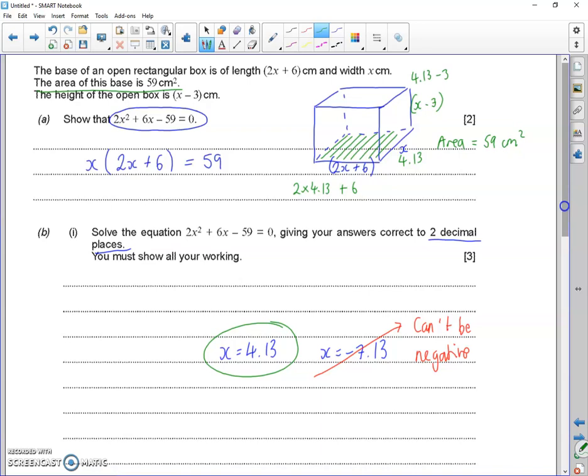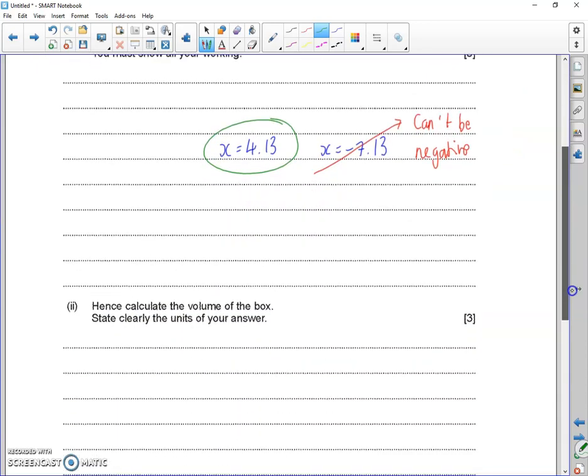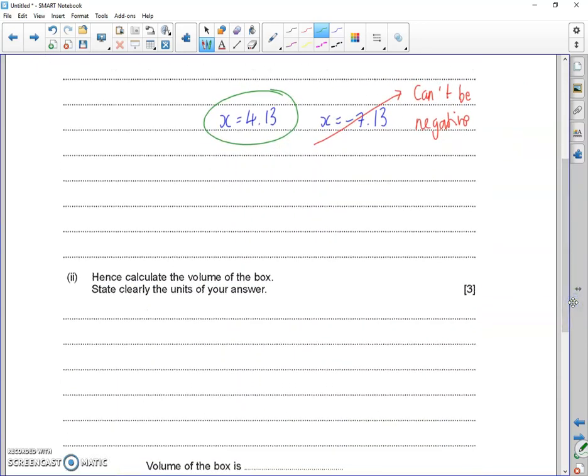To find the volume of a box, you would multiply all 3 measurements. You should, if you've done that properly, so get your calculators out, work through it, you should get a volume of 66.60 centimetres cubed if you multiply out all 3 dimensions where x is 4.13.